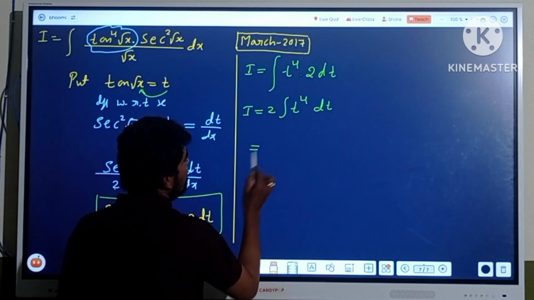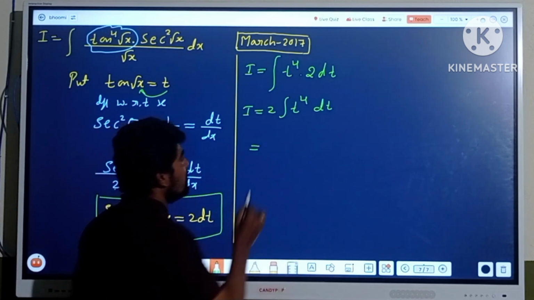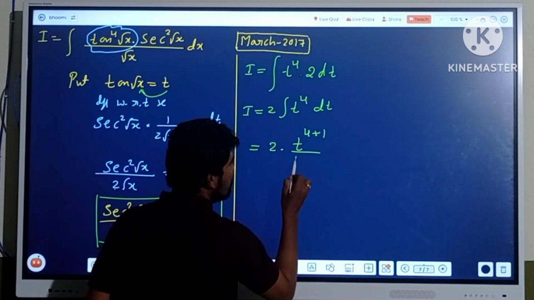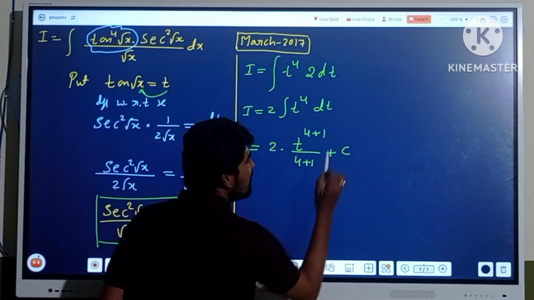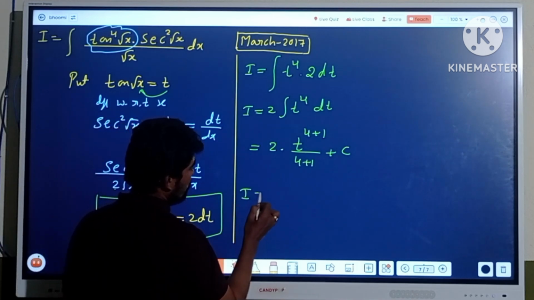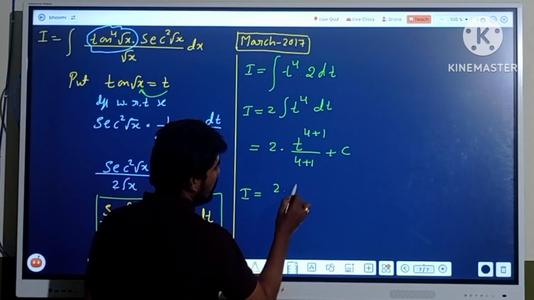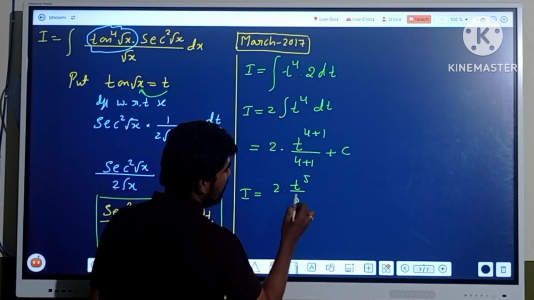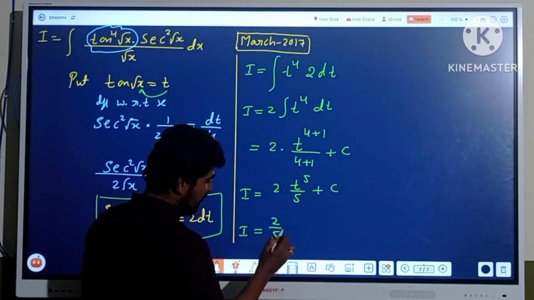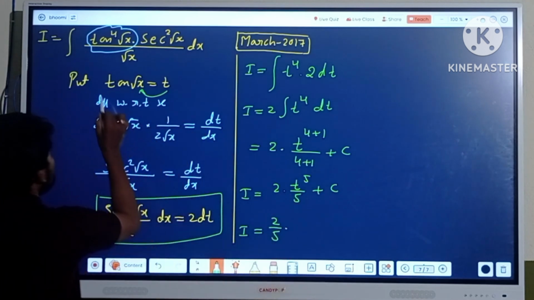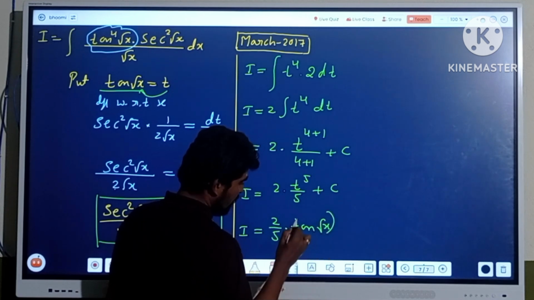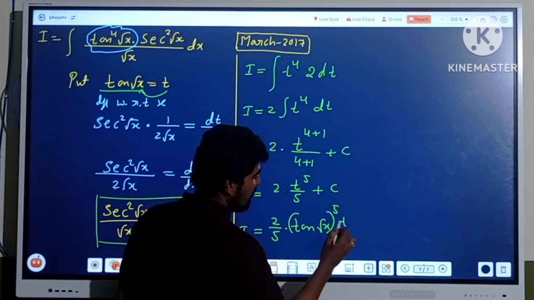By using the same standard integral, the integration of x power n, we get 2 into t power 4 plus 1 divided by 4 plus 1, plus integral constant c. Therefore, I equals 2 into t power 5 divided by 5, plus c, or I is equal to 2 by 5 into t, where t is tan root x. So tan root x power 5 plus integral constant c.